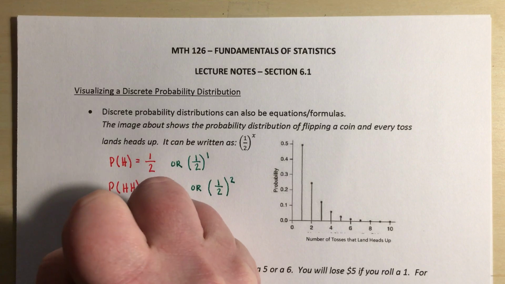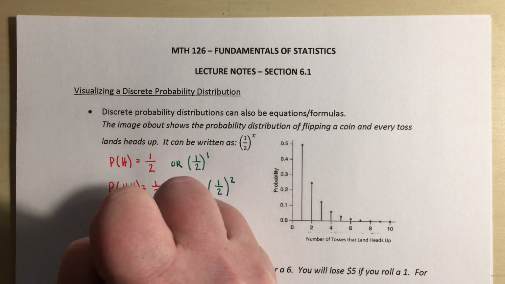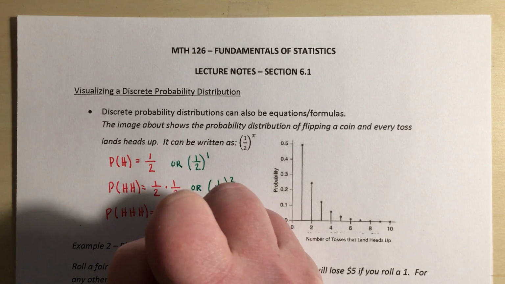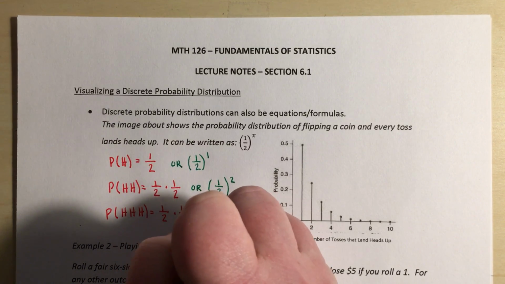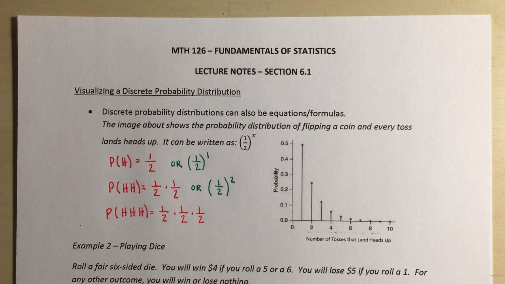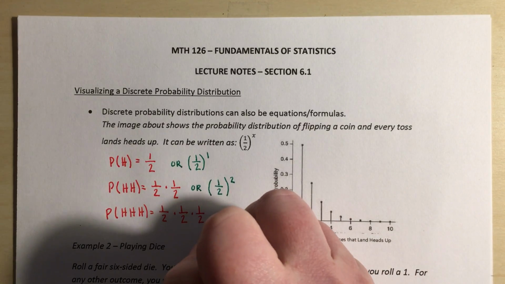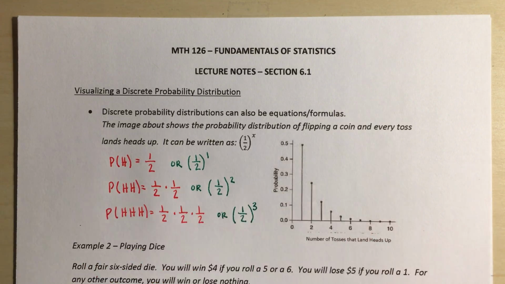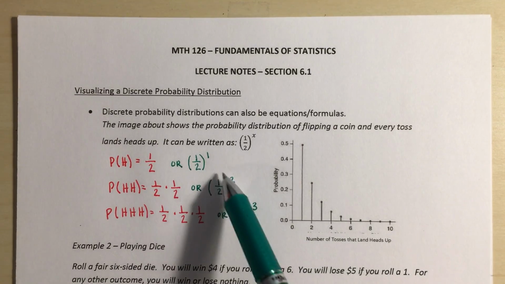Our probability of 3 heads is 1/2 times 1/2 times 1/2, which gives us an exponential notation 1/2 to the third power. So each different time we add a flip of our coin, we're adding 1 to our exponent.